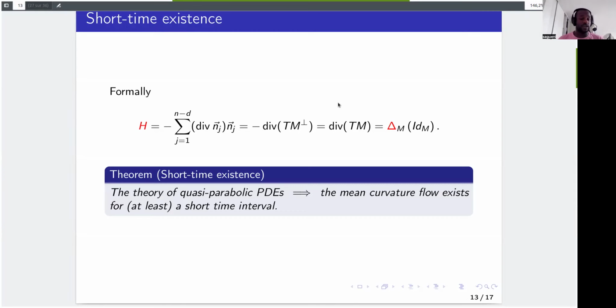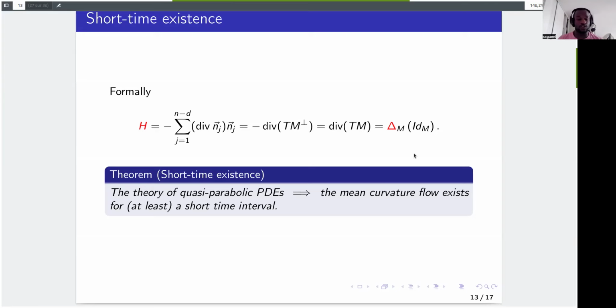We know that when you have a parabolic PDE, like dt of u equals Laplacian of u, we have a theory behind this that implies the existence for, I think, t equals plus infinity, if I still remember, but at least we have existence for a short time. So here we have a parabolic PDE. We have the derivative equal to a Laplacian of the identity map of M.